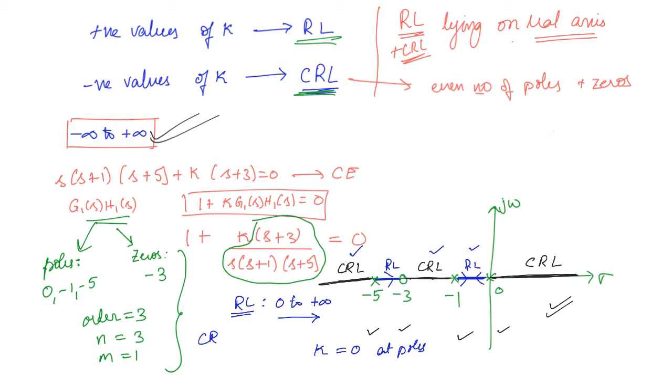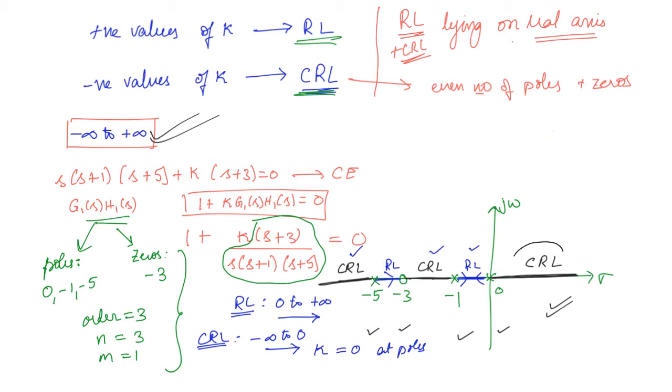But what is happening for the complementary root locus? This is varying from minus infinity to 0. That means the branch is ending at K equal to 0, which is the poles. For a complementary root locus, the branch will end at the poles.